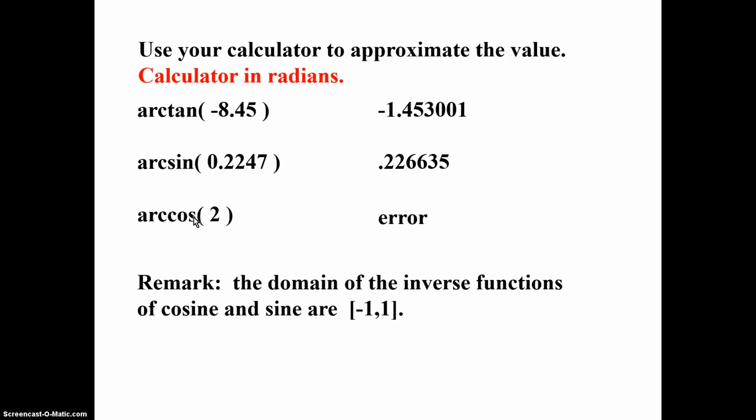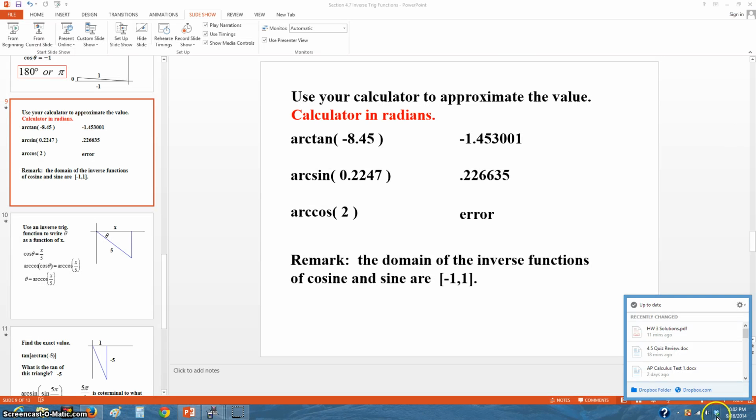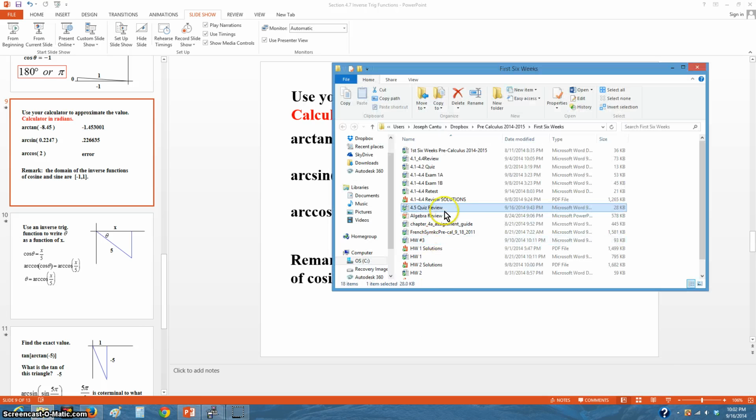You will probably have some of those as freebie points later on in your test that will cover this section. At this point, that is all of the new info that I will have. Now let's go on to your review for your quiz.